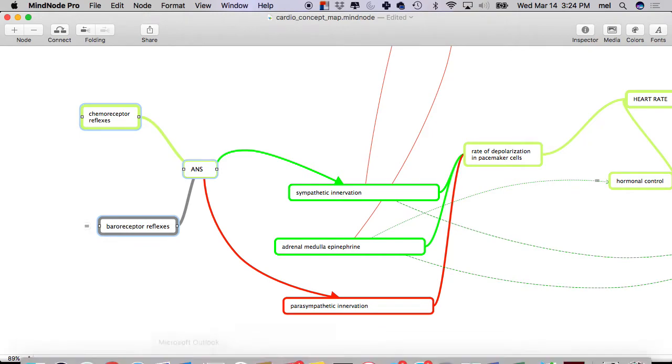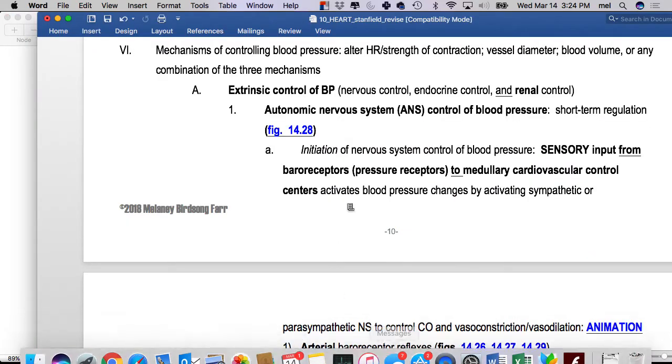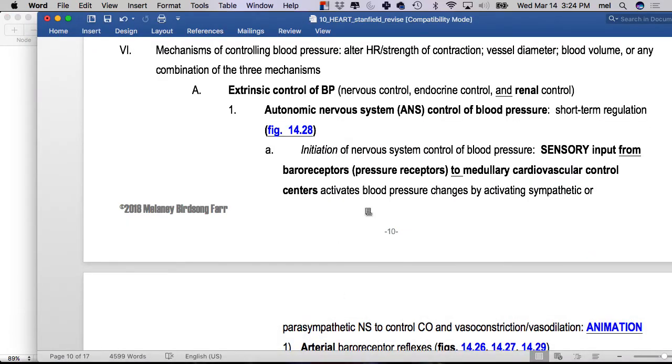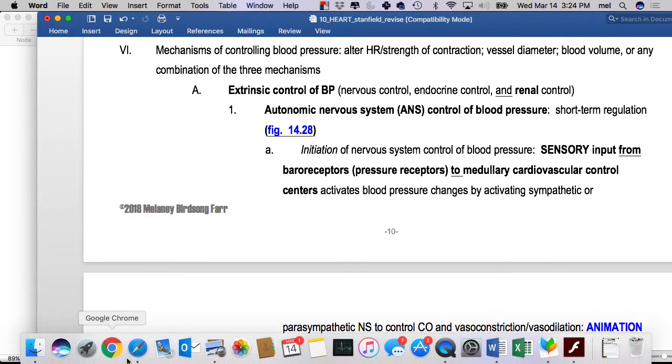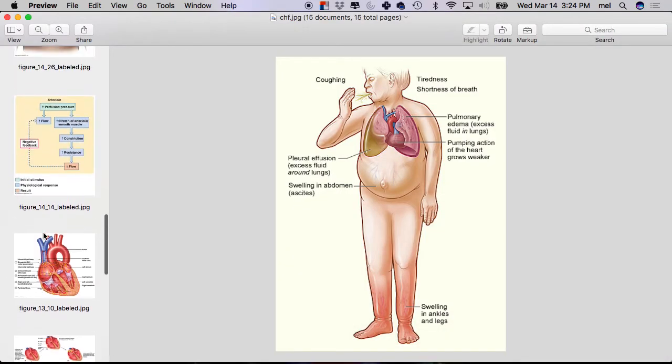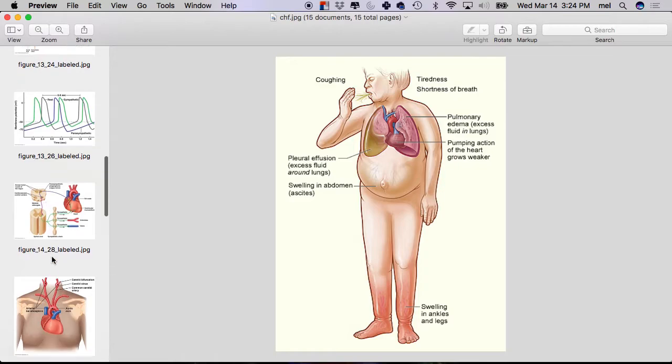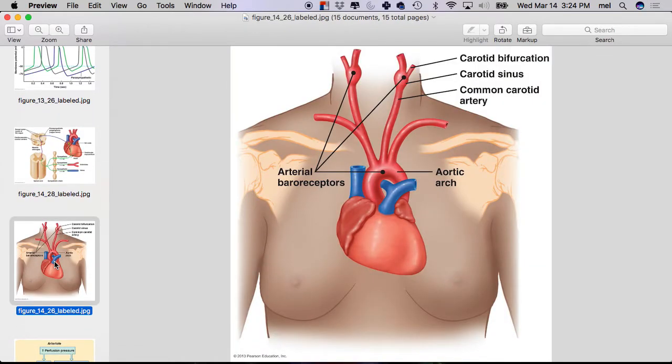What does baro imply to you? Pressure. Okay, so let's talk about the baroreceptors first. How do you decide when to turn on the sympathetic versus parasympathetic nervous system? The truth is that you have baroreceptors in a couple of different places. You have baroreceptors in your aortic arch, that are monitoring what?